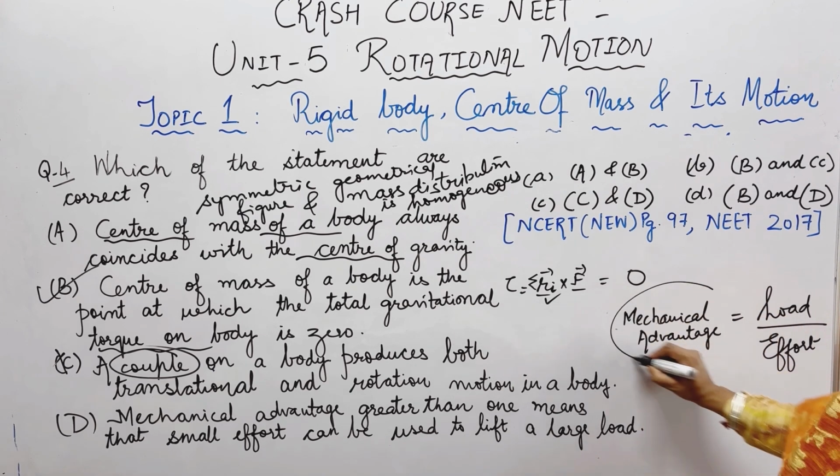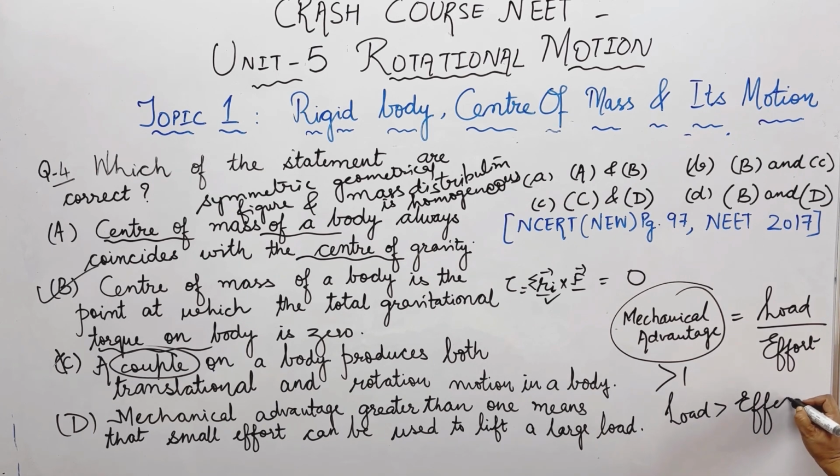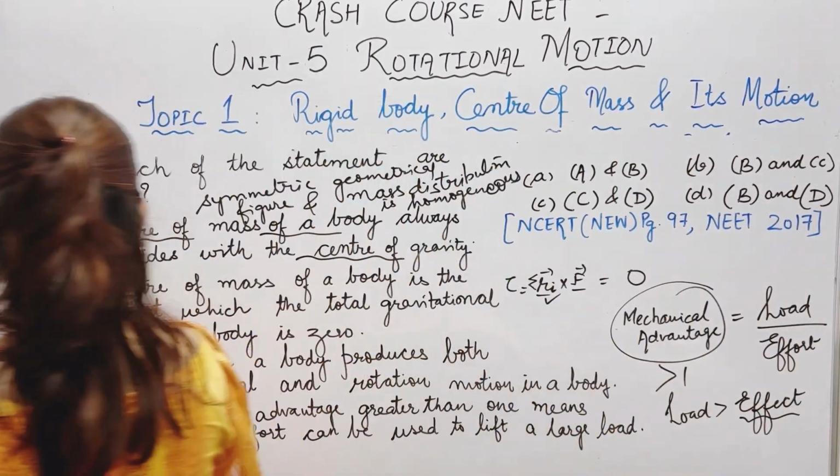If this value is greater than 1, it means load is greater than effort, or we can say a small effort is going to lift a large load. So statement D is again true.